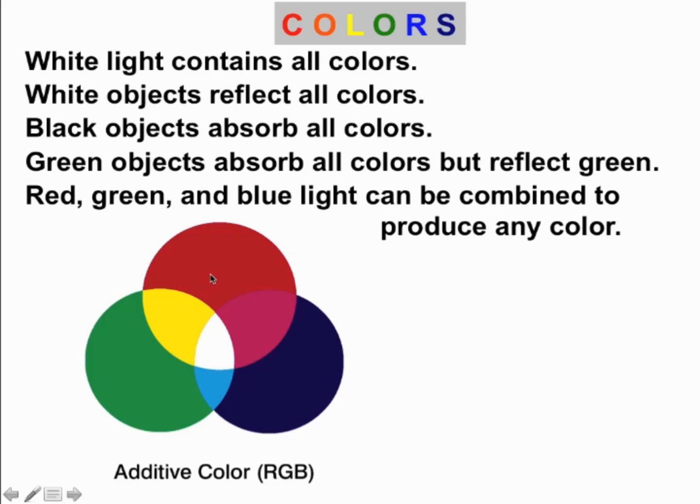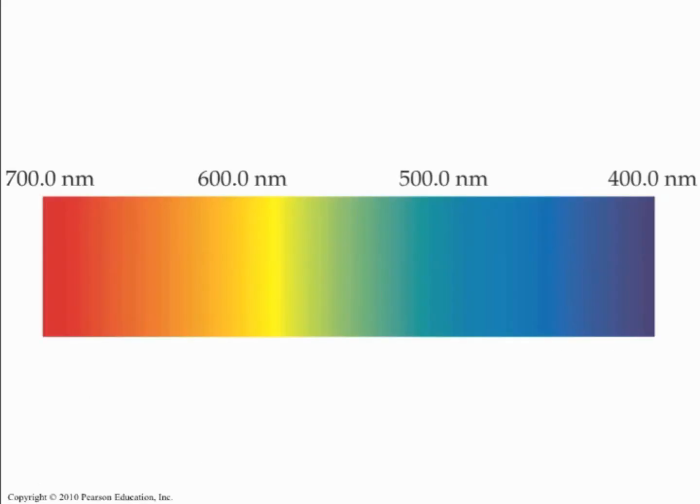Now, let's try to understand a little bit why red and green make yellow, or why red and blue make magenta. And I think the best way to understand that is by looking again at the visible spectrum.